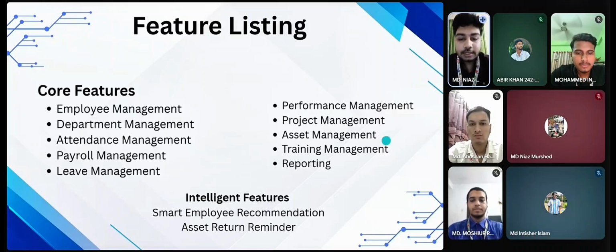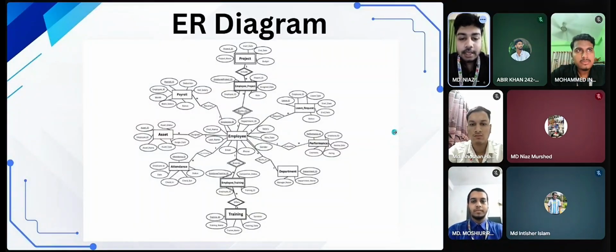Now moving to the next slide, the ER diagram. Here, employee is the central entity. It is connected with department, attendance, payroll, leave request, performance, asset, training, and project.